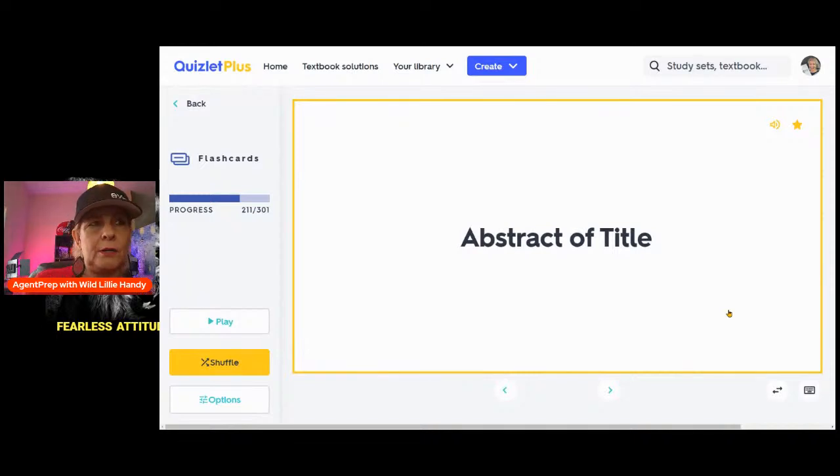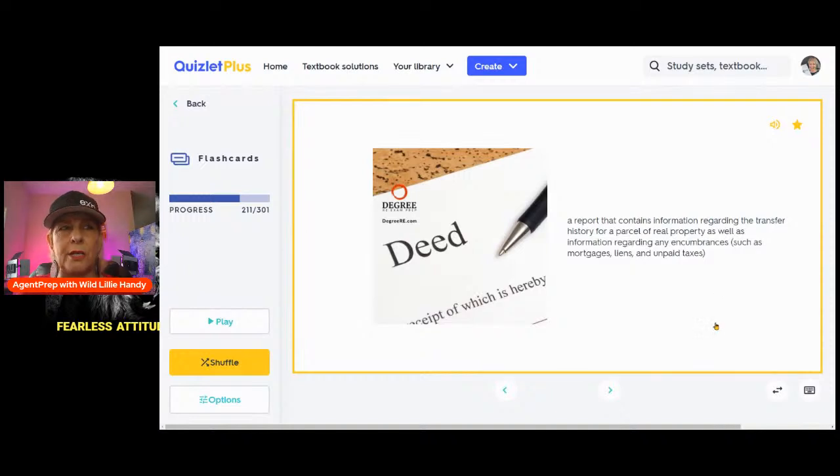Abstract of title. What is an abstract of title? So this is going to be something that is dealt with every transaction where somebody wants to know the history of their property. A report that contains information regarding the transfer history for a parcel of real property, as well as information regarding any encumbrances, any liens, okay, any judgments, any unpaid taxes, child support.